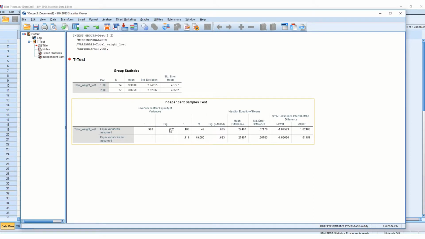So the fact that this is not significant means it's not significantly different from equal variance. The idea is that in that situation where the p-value is not significantly different, you can just read off the top row. If that had been less than 0.05 and was significantly different from equal variance, then you would read off the bottom row.